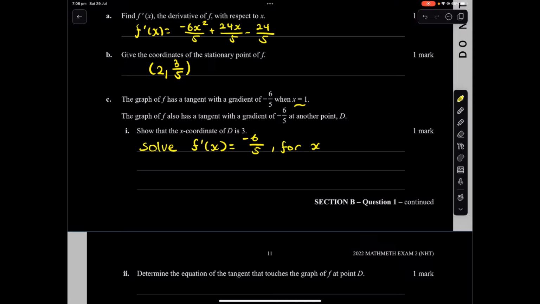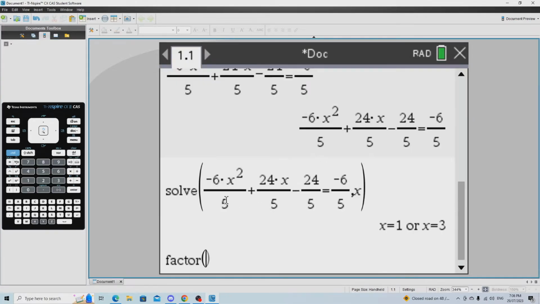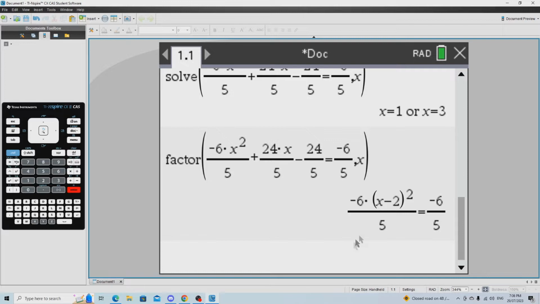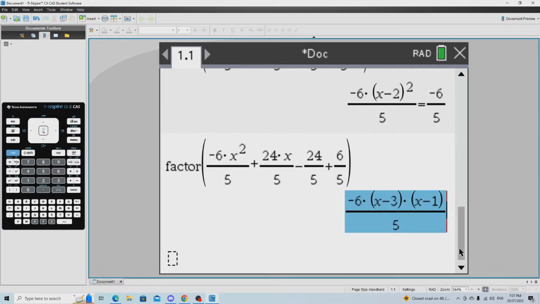Okay, what I'm going to do actually, I'm going to show that I've done this. I'm just going to go to menu and factor. So I'm going to factor this with respect to x. So if I bring this over here, and now it's a plus. If we factor this, okay, we get this, perfect.